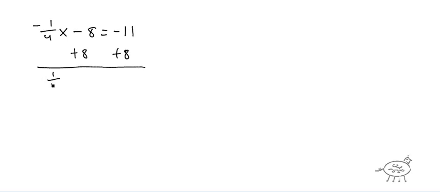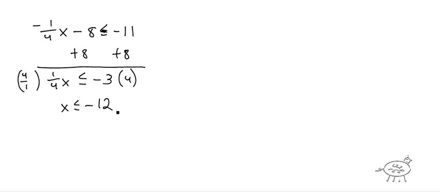I get -1/4 x is less than or equal to -3. Multiply both sides by 4. X, once again, I didn't divide or multiply by a negative, so my answer is x is less than or equal to -12.